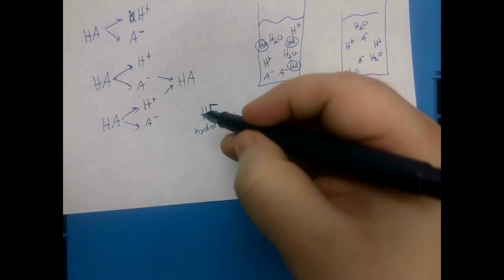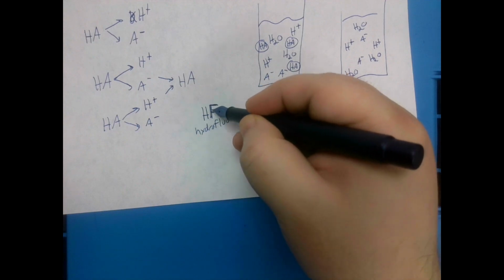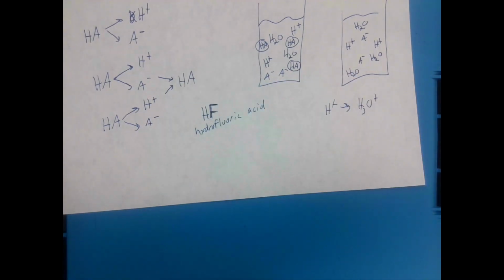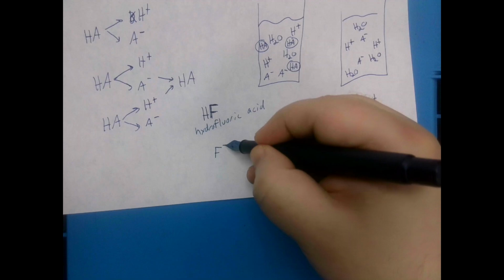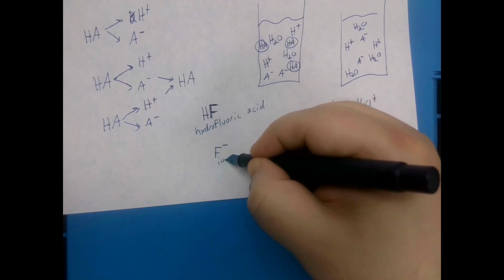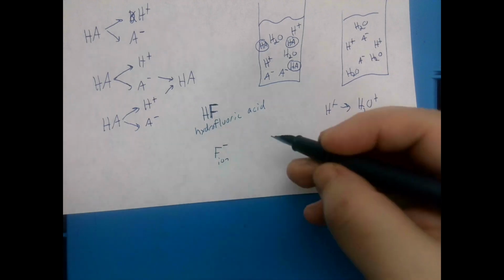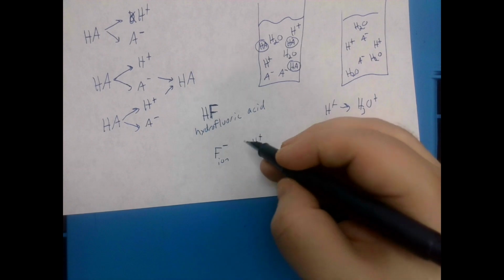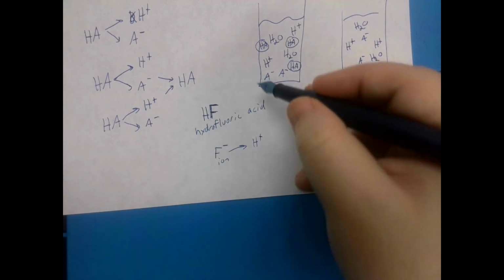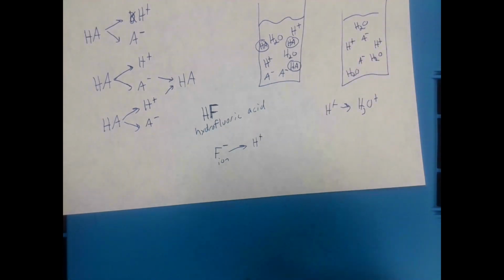The reason it's weak is because fluorine is very active and does not want to be by itself. Fluorine ion does not like to be by itself, so it will aggressively try to find something to attach to. If it's in water with an H plus, it will take it, so it can't dissociate completely.